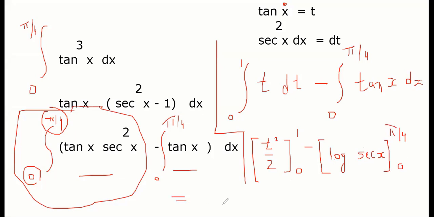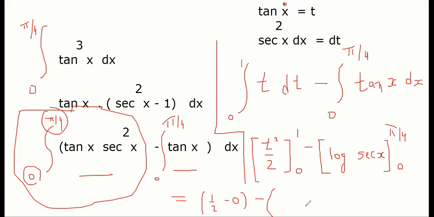t square by 2. Substitute first 1. So t square is 1, so 1 by 2, minus 0. That is done. Minus log of secant of pi by 4. What is secant of pi by 4, everyone? What is cos of pi by 4? Cos 45 is 1 by root 2.